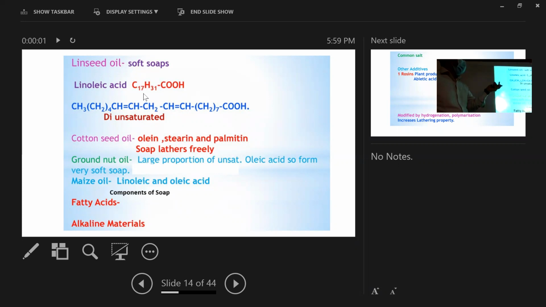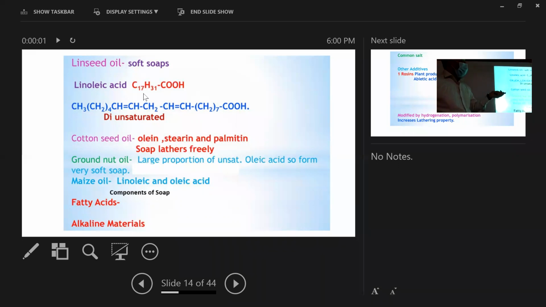Di-unsaturated means if you have some carboxylic acid with two double bonds, then that can be even better. So for any oil, the more unsaturation you have, the quality of oil is considered much better. So if you have the soap having the unsaturation, then it becomes even softer.